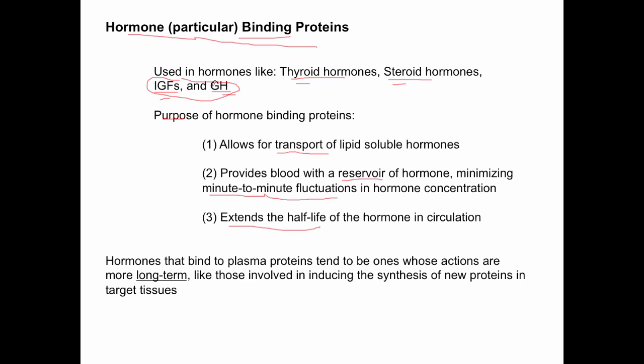So these sorts of hormones, we don't want their levels to be going up and down all the time. So by having these binding proteins in circulation, we create this reservoir, we prevent minute-to-minute fluctuations, and we extend the half-life. Okay? And it allows these hormones whose actions are more long-term to be more stable in circulation.